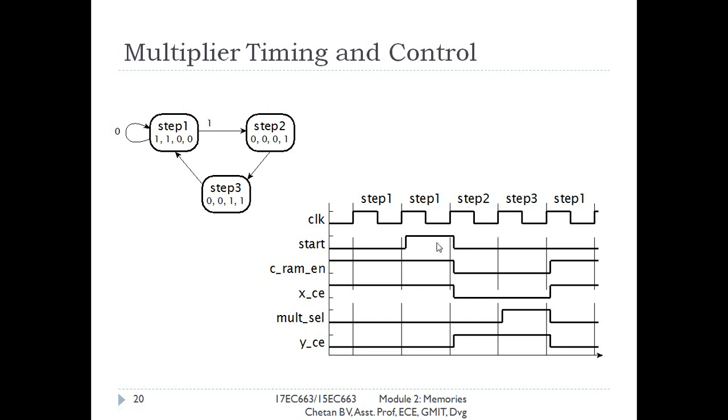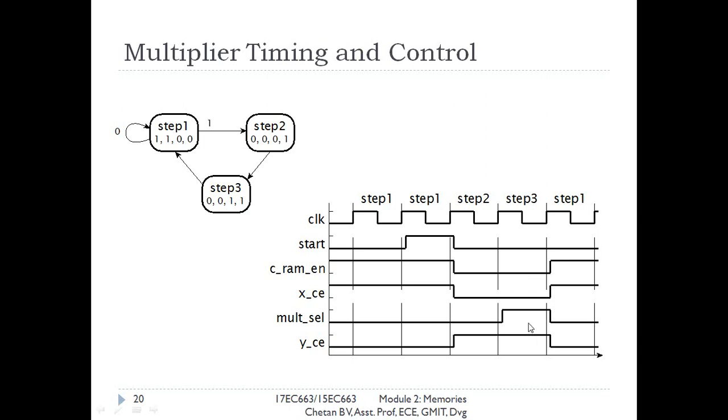In the second step, we make this select line 0 so that Y_CE, the enable of the output register, captures Ci into X. After doing that, unconditionally we move to step 3.